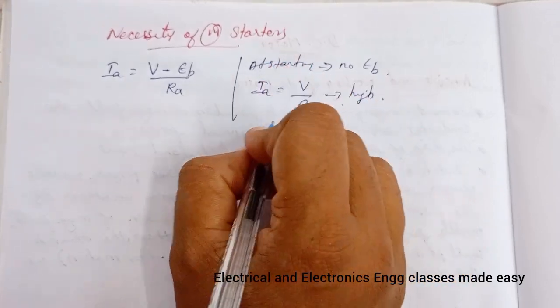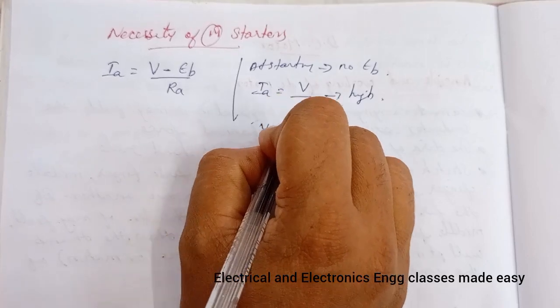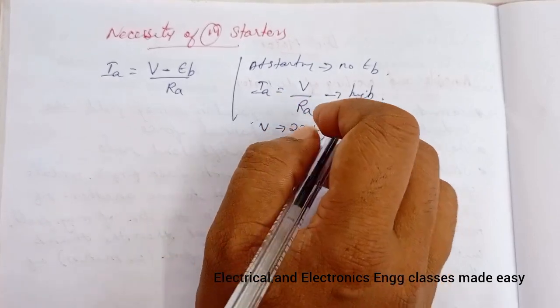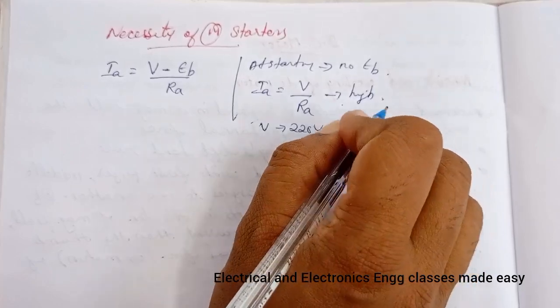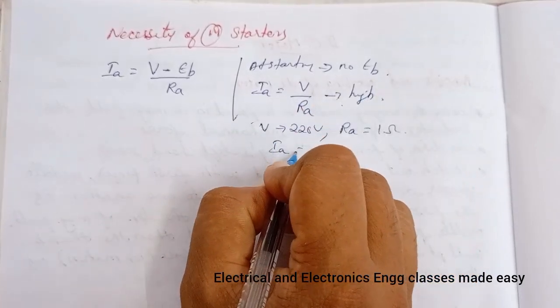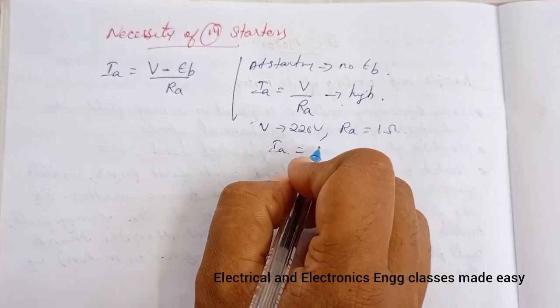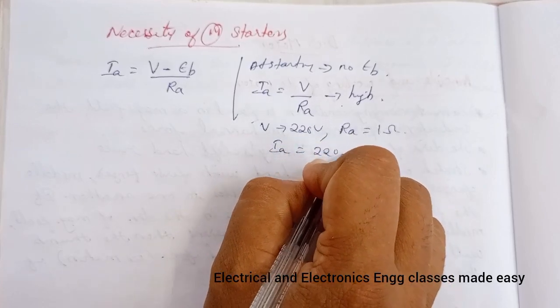For example, if the supply voltage V is 220 volt and armature resistance RA is equal to 1 ohm, then IA will be equal to 220 divided by 1, that is 220 amps.